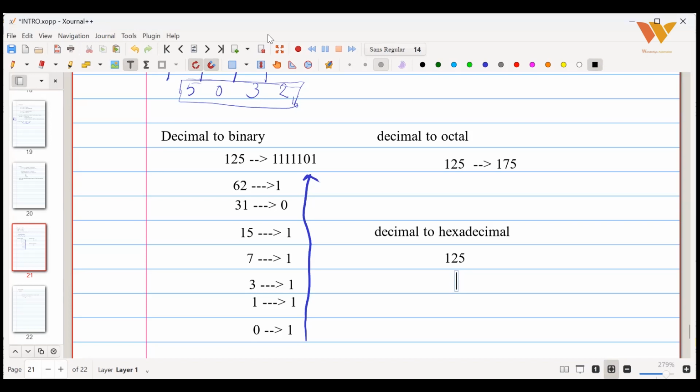How much did you get? Can you represent 13 in hexadecimal? You have only the numbers 0 to 9, then A to F. So when I divide 125 by 16, the remainder is 7 and D.